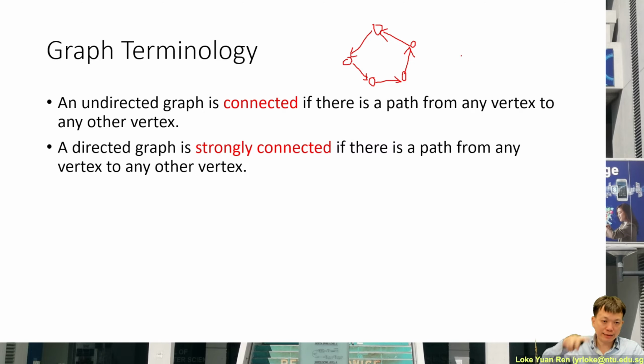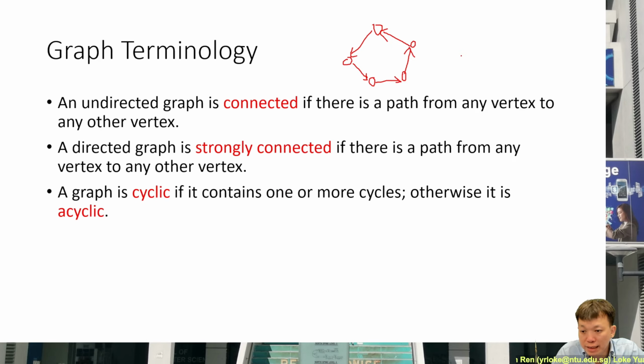Then yes, they are strongly connected, because I can find a path from any vertex to any other vertex. Definitely there's a loop. In such a case, such a directed graph is known as a strongly connected directed graph.